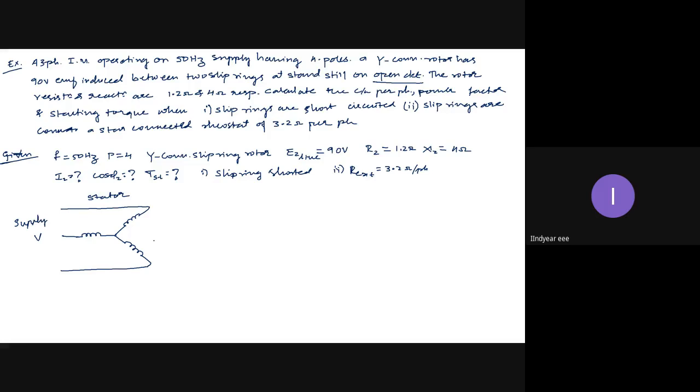How much it is, it is not given. And we have a rotor, and to this rotor we have slip rings connected. So these are the three slip rings which are connected to the rotor.